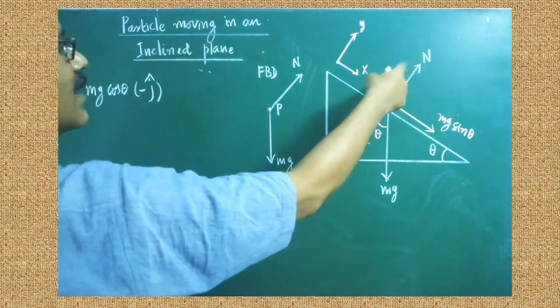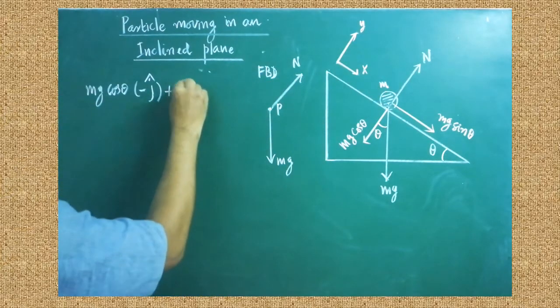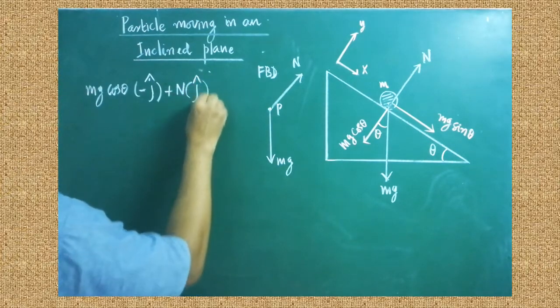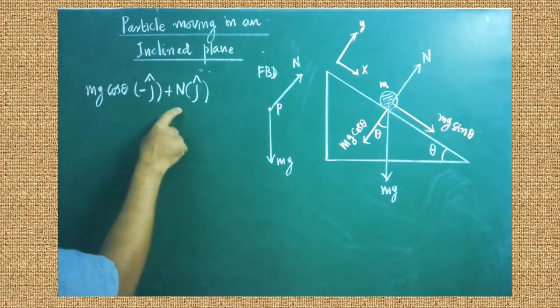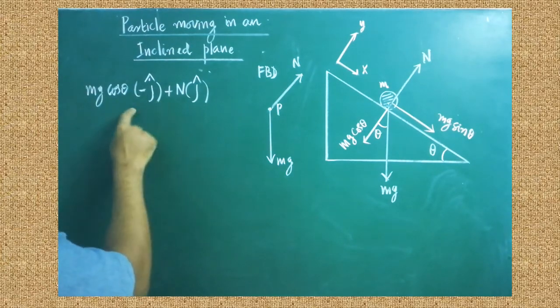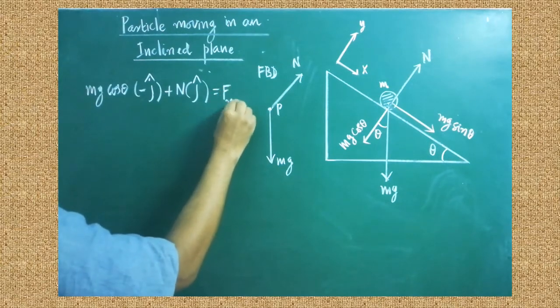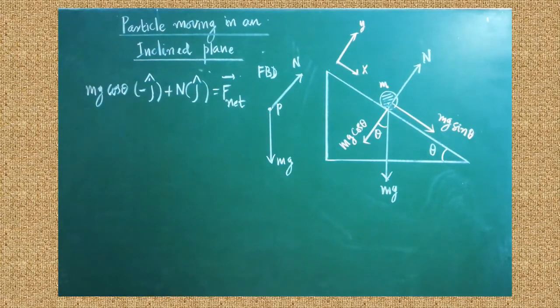What is that? Along the y direction, that is the normal force, N. Since it is acting in the positive y direction, the unit vector must be taken as plus j cap. So I have added two forces, and these two forces added give the net force acting on the body. All are vectors. Are you clear?